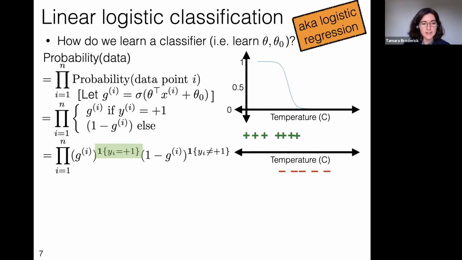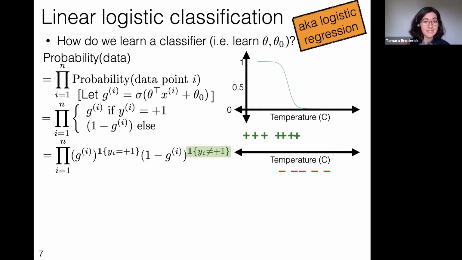And so what's happening here? Well, if y_i is +1, then this evaluates to 1, and so effectively we have a factor of g_i. If y_i is not +1, then that exponent evaluates to 0, and anything to the 0 is just going to be 1, and so we don't have a factor of g_i.